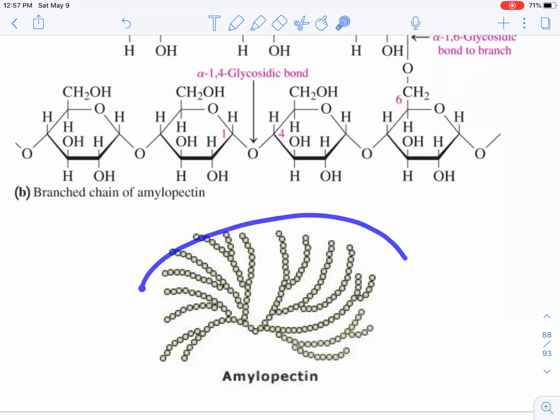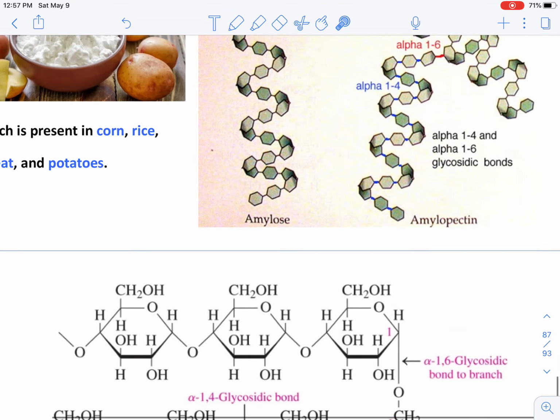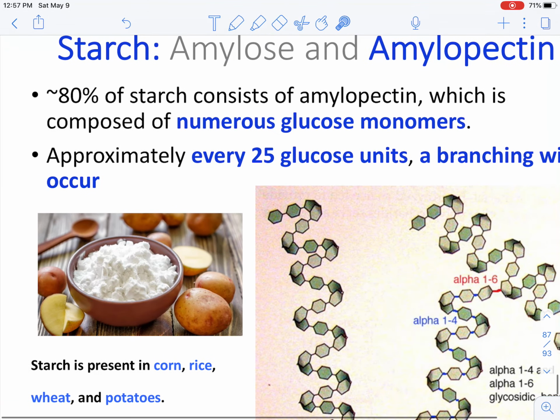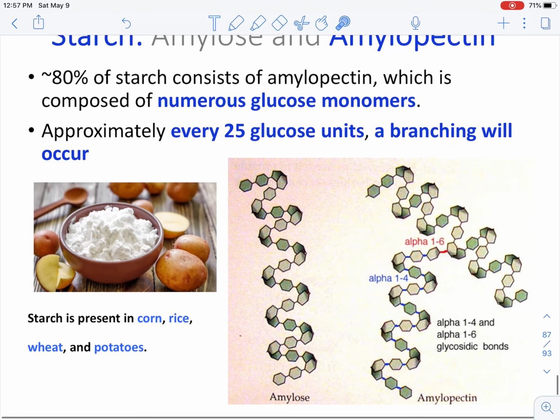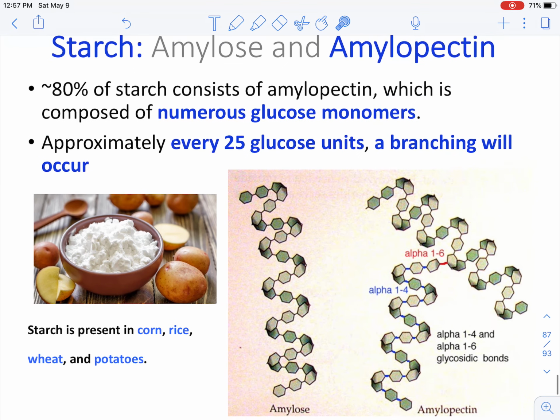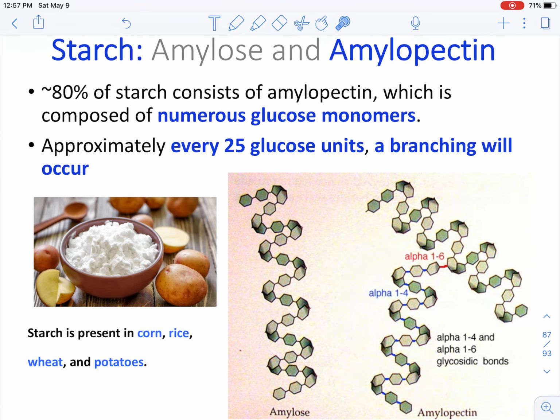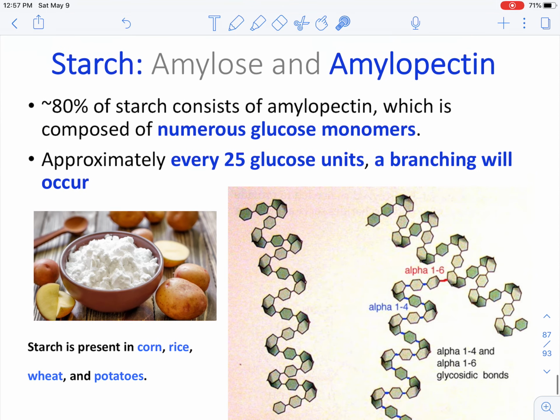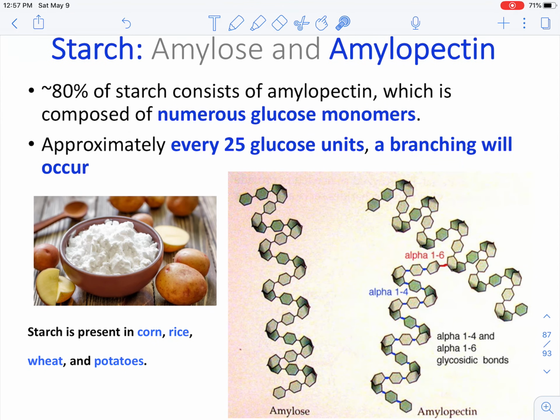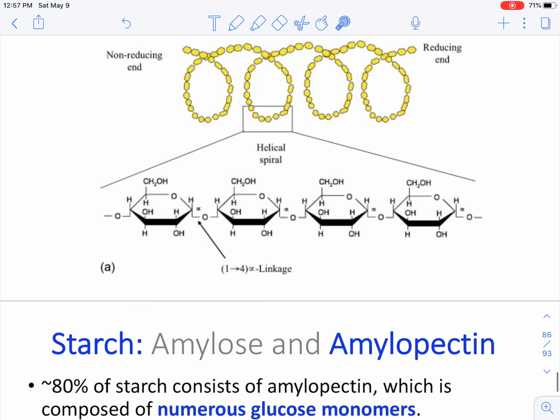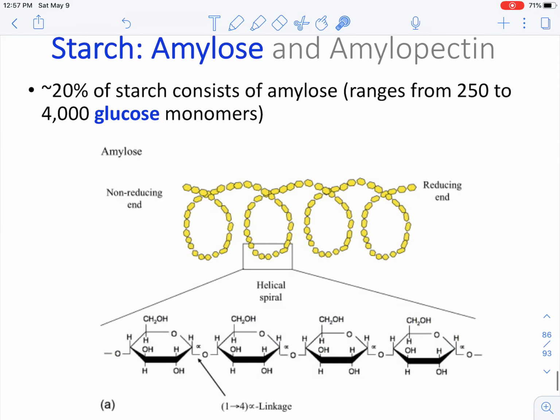This is an example of a complex carbohydrate. That's pretty much it for starch, amylose, and amylopectin. Amylopectin is a branched polysaccharide, whereas amylose is a simple linear chain.